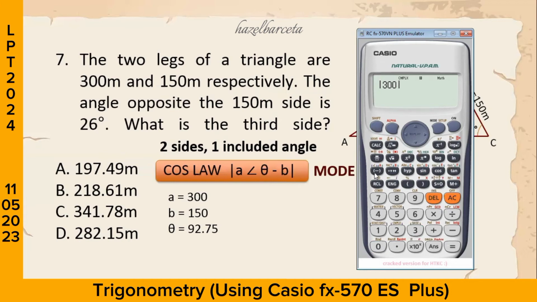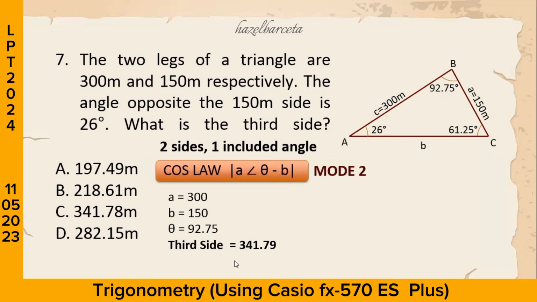Shift, negative, para po sa ating angle, symbol. Then, the given, the included angle, 92.75, minus the other side, 150. Okay? So, the answer is 341.79 or 341.78, letter C.